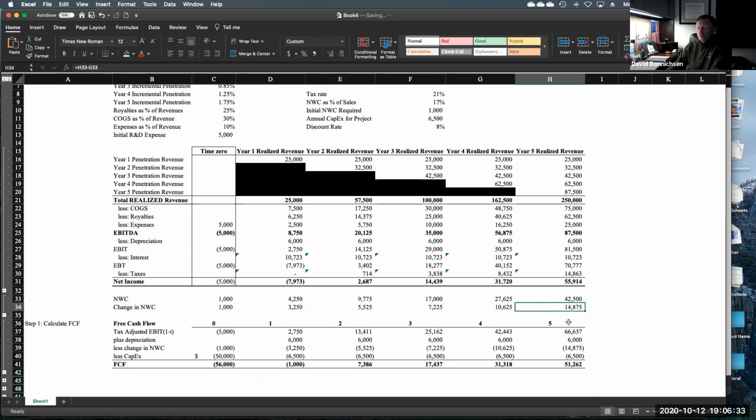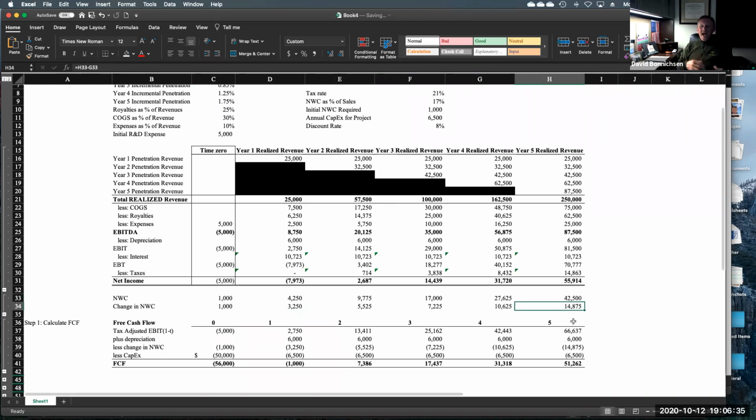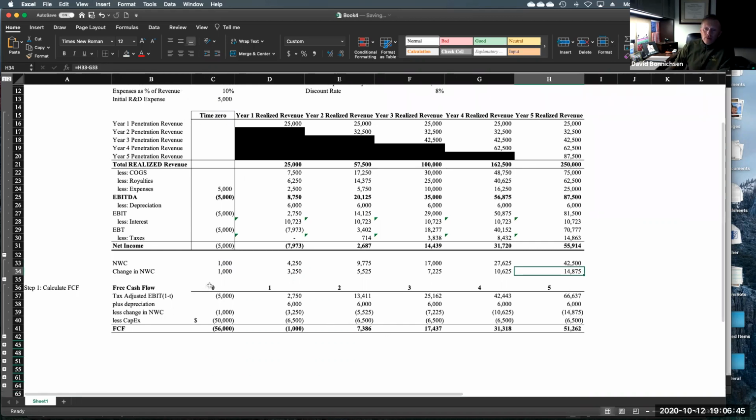So we're looking at how much extra money this project is costing our business from a net working capital standpoint every single year. So free cash flow is tax adjusted EBIT plus depreciation minus the change in net working capital minus the capital expenditures that we have.